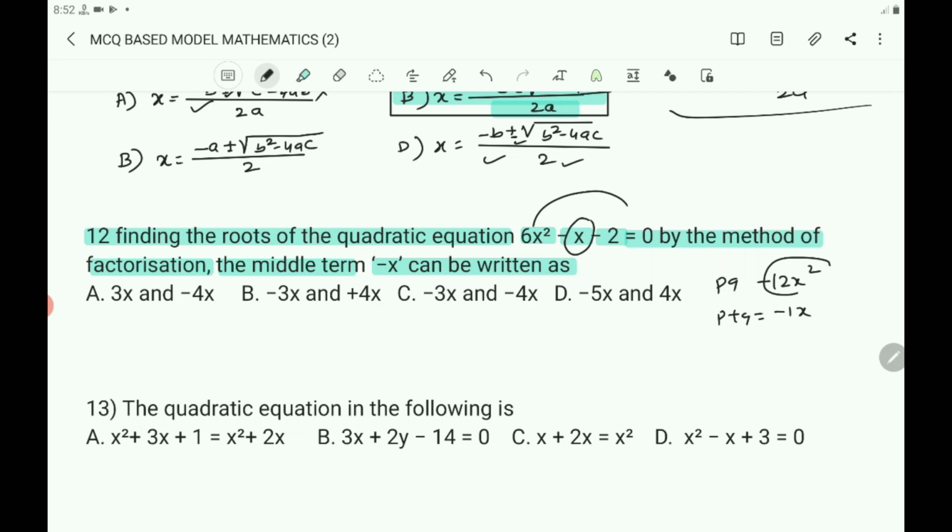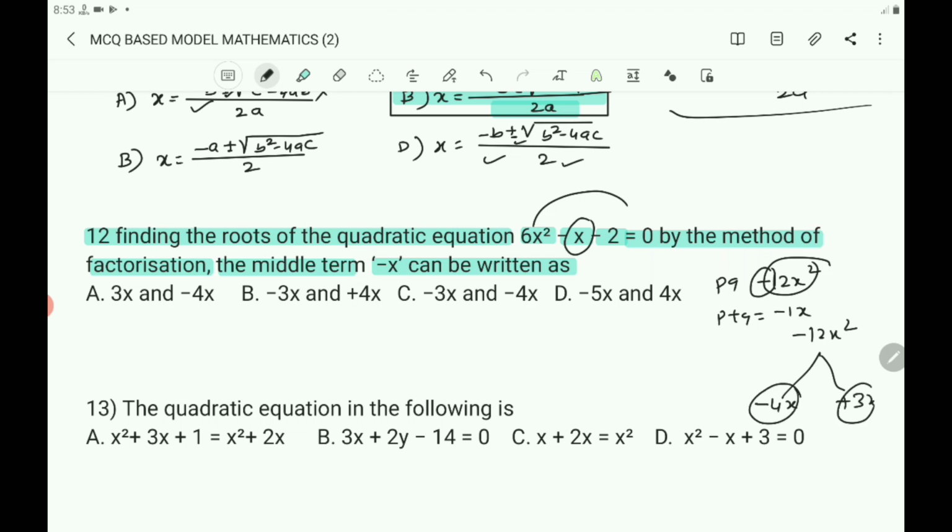You know the table in which 12 is there, but as the product is having a negative sign, both the factors are having different signs, they are not having the same sign. The difference of the factors is 1, so you must take minus 4x and plus 3x.